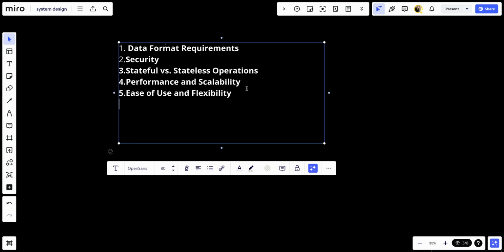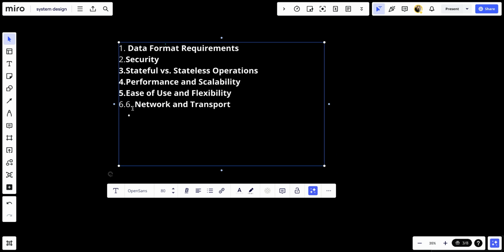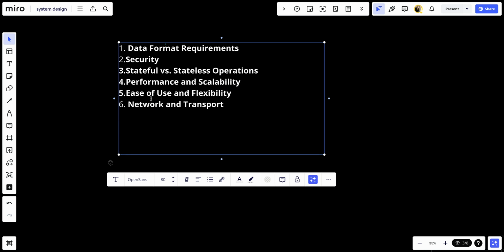Number six, we want to talk about the network and transport. In terms of SOAP, it is independent of the transport layer, meaning it can work over HTTP, SMTP, TCP, and more, which provides more options for how messages are delivered.